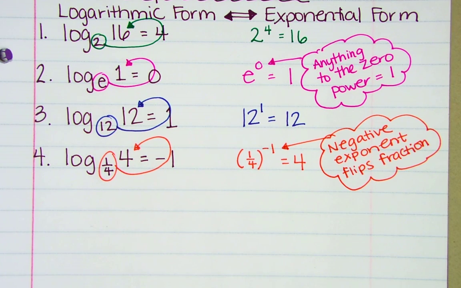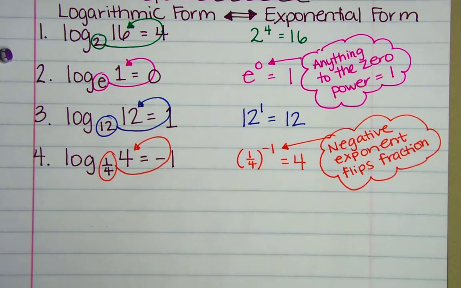If you ever see something go from a fraction to a whole number, because that's really 4/1, it flipped it. The negative sign did that. The 1 stayed with the 4. 4 to the 1 power is 4. The negative made it flip. Again, we'll see that more and more. It's just a rule you got to get used to. Good. Any questions on those? Pretty easy so far, right?